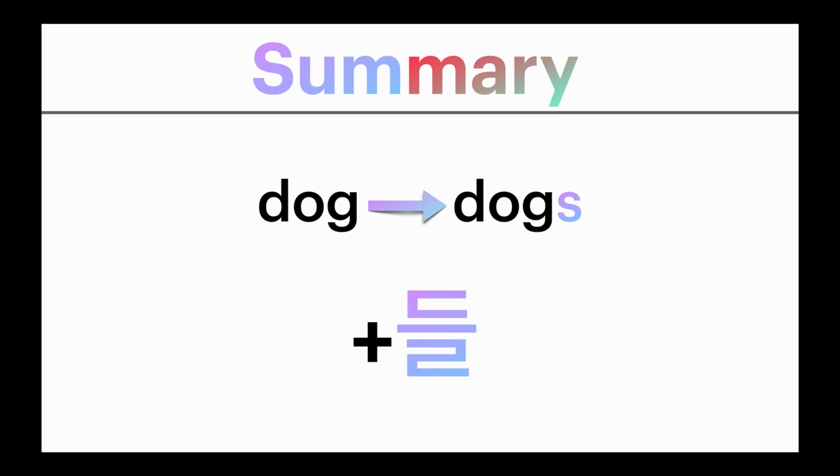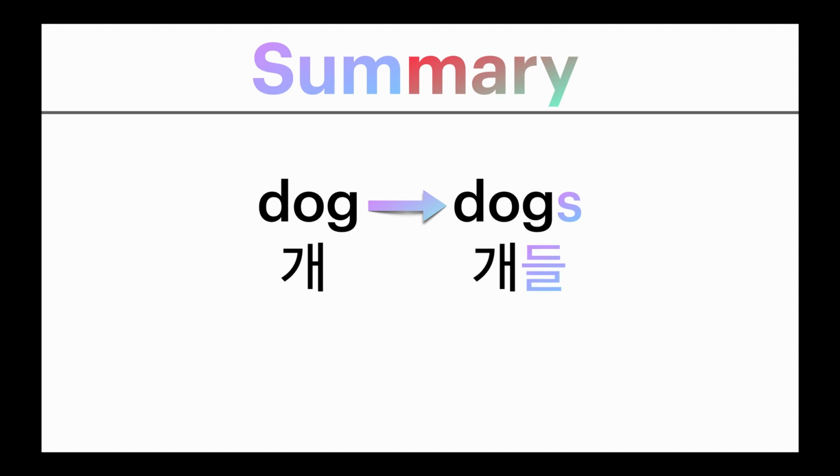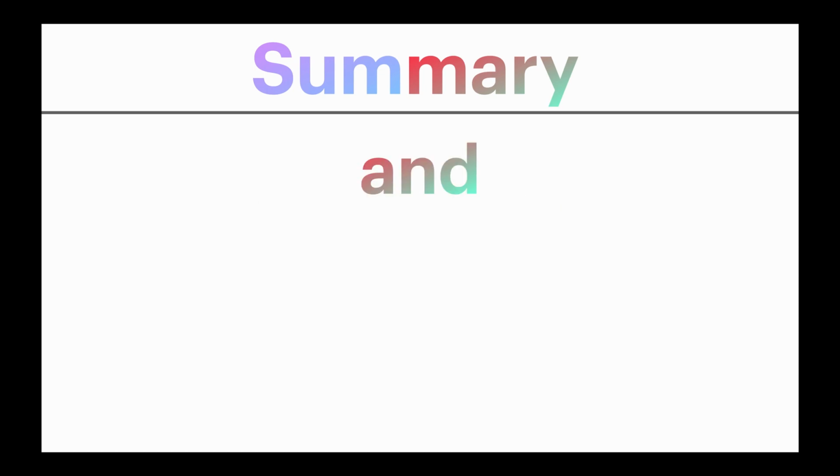Alright, in summary, with this fruit basket of colors here, first we learned how to pluralize by adding 들 to a noun. Dog in Korean is 개, and dogs is 개들. And the word and to connect nouns has three different options.